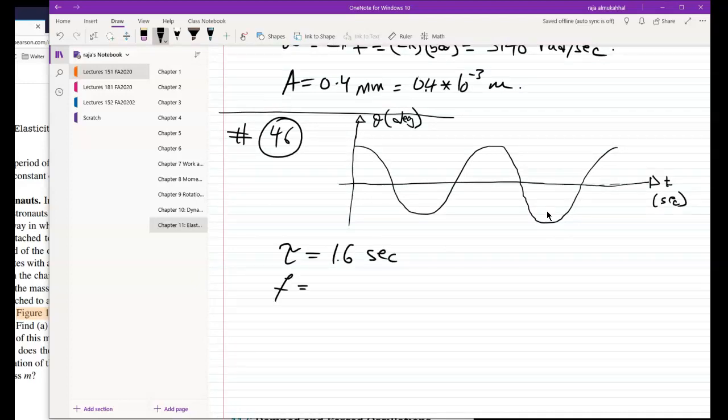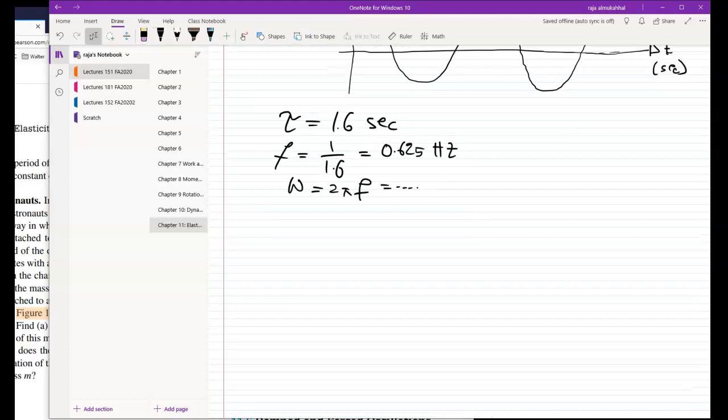The frequency is 1 over 1.6, and if I calculate that, 0.625 hertz. And then omega is 2 pi f. Again, you can do that, easy. That's part A right here.